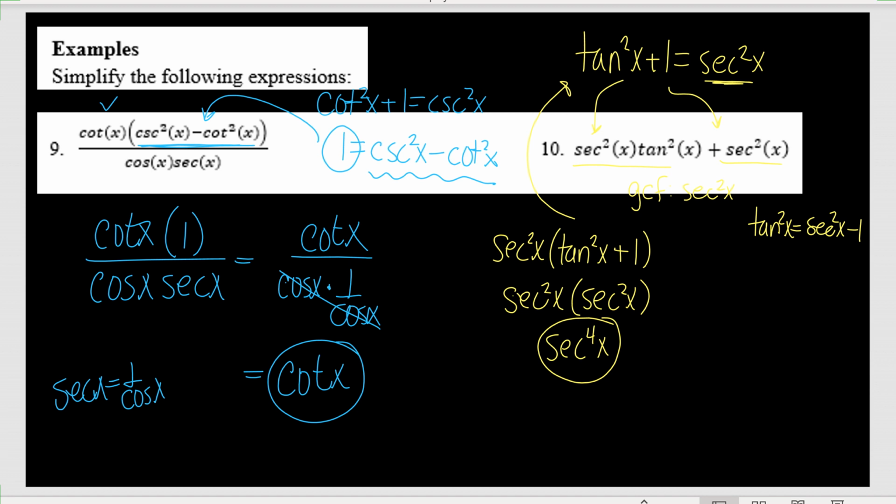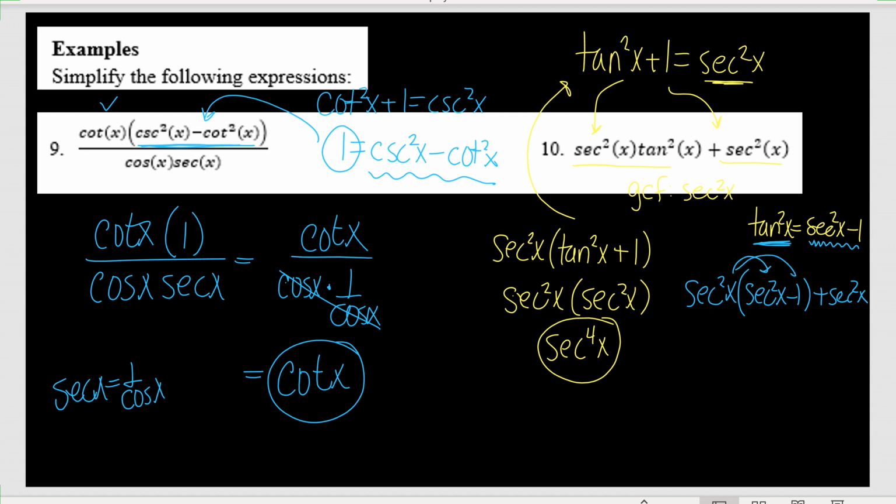All right, now I'm going to show you another way, just in case somebody did it differently. I'm going to use the one where I'm replacing tangent squared with secant squared minus 1. So this would be secant squared of x multiplied by the quantity of secant squared of x minus 1, and then plus the secant squared of x that's already at the back end of that expression.